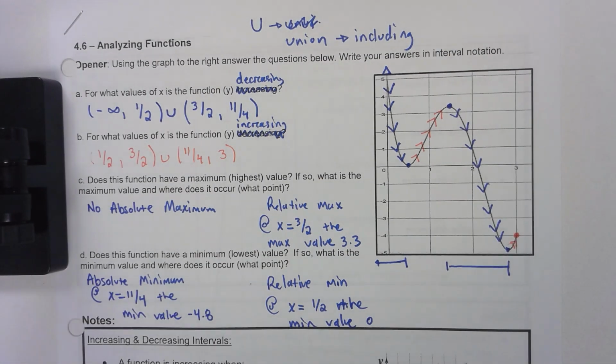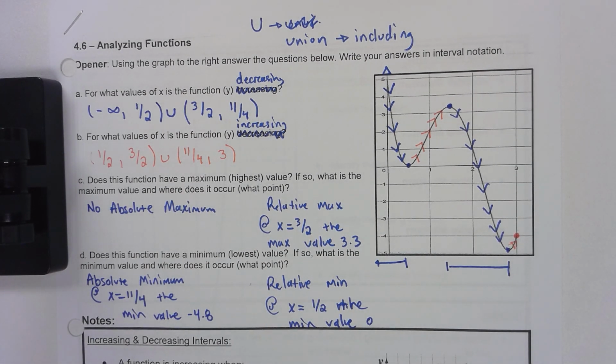Okay, so the x coordinate is the location. The y coordinate is the actual maximum or minimum value.